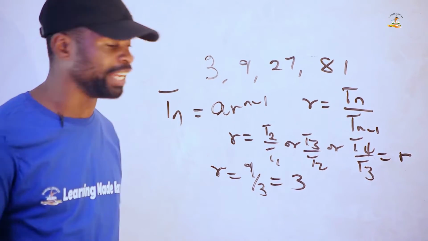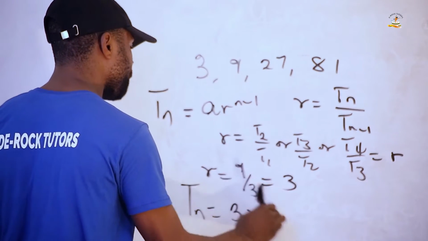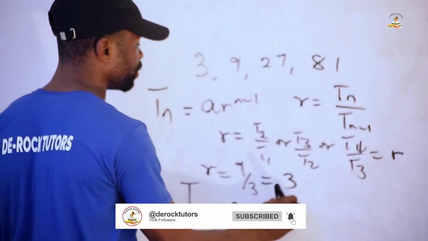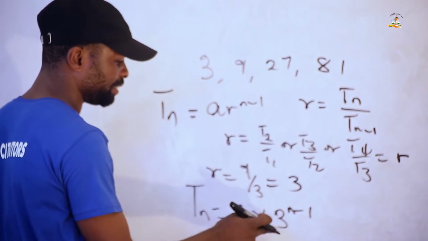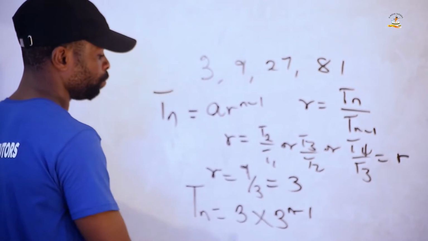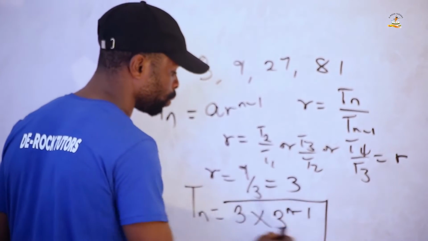We proceed to write the nth term of this as 3 times 3, because a is 3, r is 3, n raised to power n minus 1. That is 3 times 3 raised to power n minus 1.